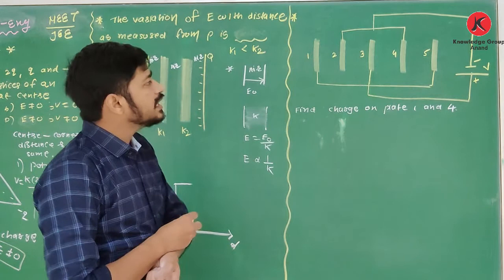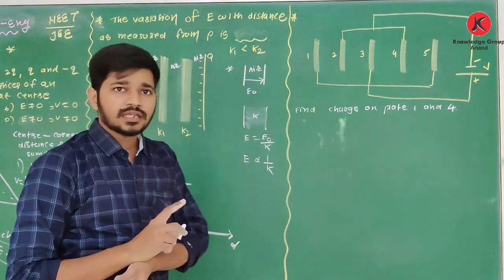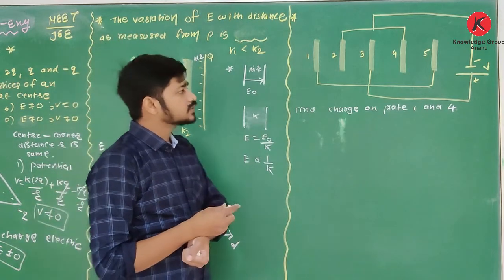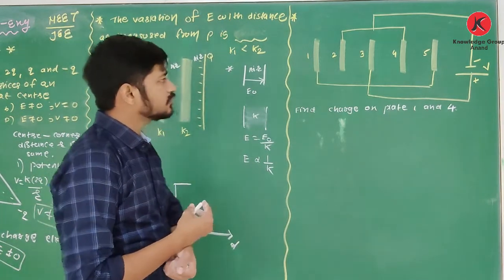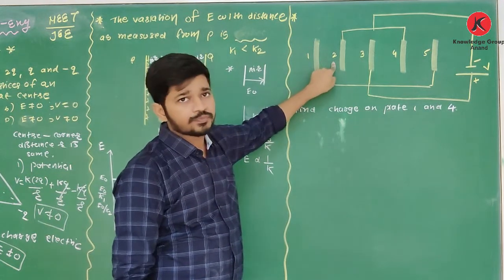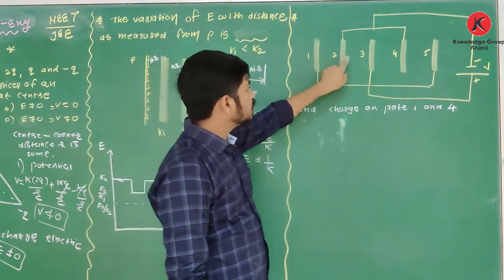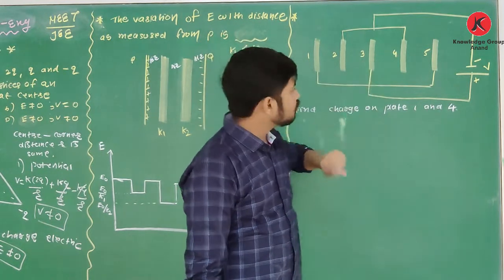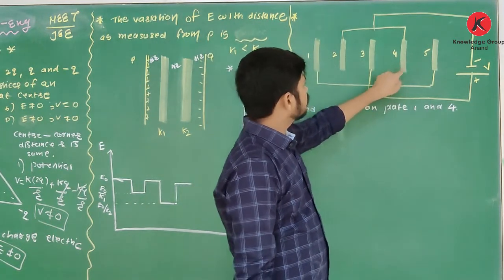First of all, how many capacitors will form, and what is the resultant capacitance? Because to find charge, first of all we need to know how many capacitors are formed. So the first capacitor is between 1 and 2. The second capacitor is between 2 and 3. The third capacitor is between 3 and 4. The fourth capacitor is between 4 and 5.